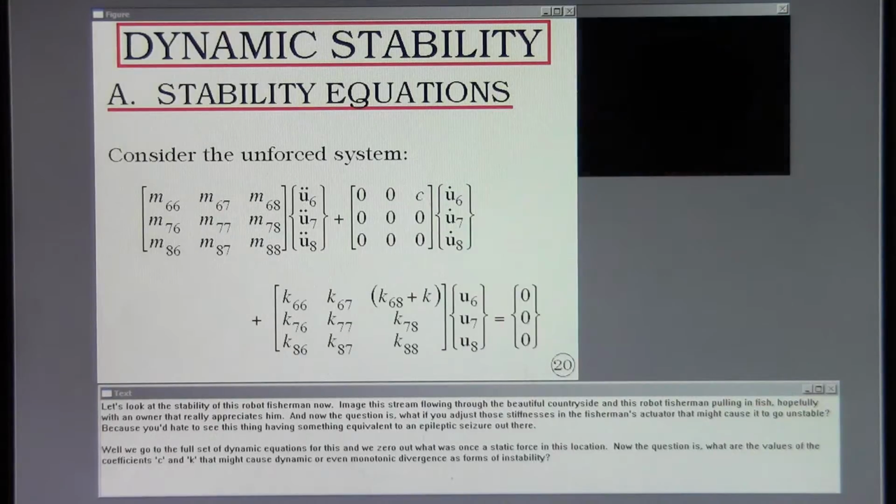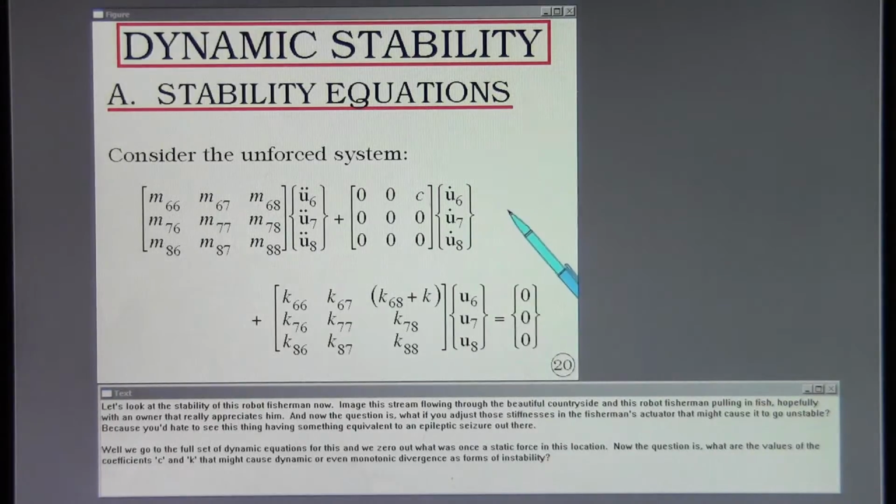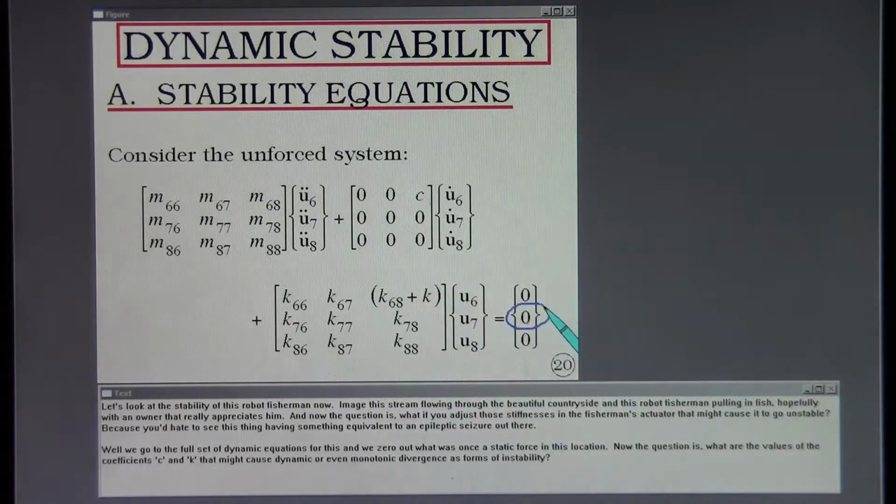Well, we go to the full set of dynamic equations for this, and we zero out what was once a static force in this location. Now the question is, what are the values of the coefficients C and K that might cause dynamic or even monotonic divergence as forms of instability?